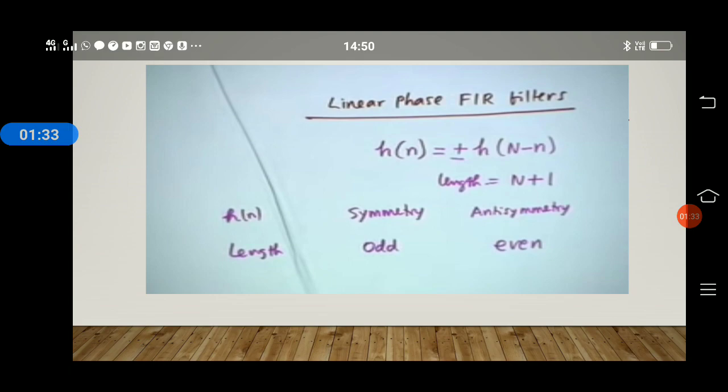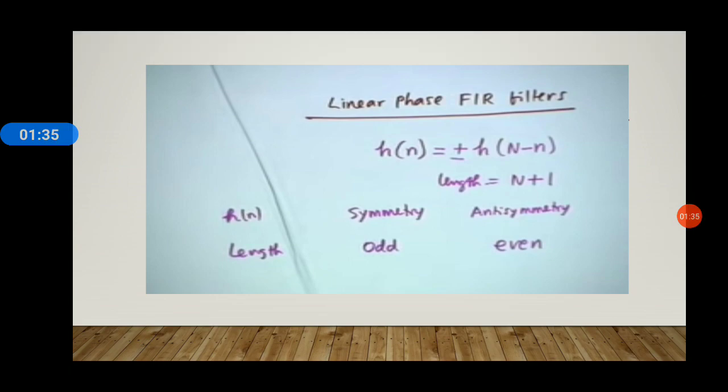The first criterion for a linear phase filter is that the impulse response is either symmetric or antisymmetric, that is h[n] is equal to plus or minus h[N minus n], where the length of the filter is capital N plus 1.